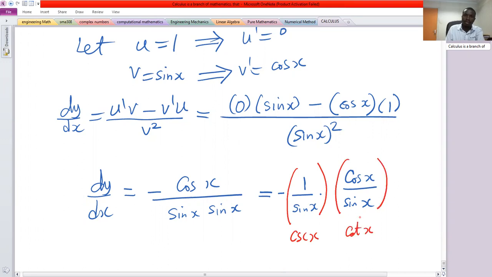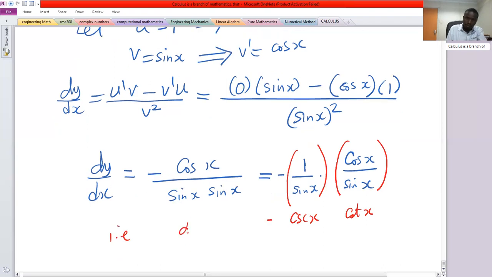There's a negative sign, so dy dx will be negative cosec x cot x.